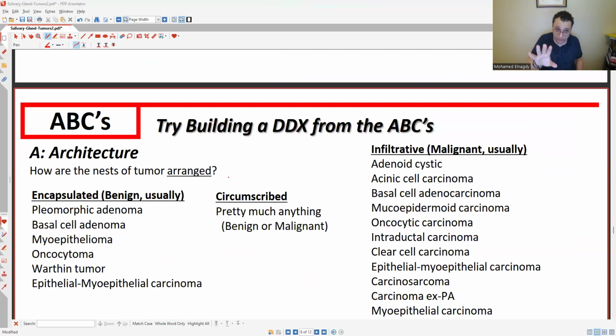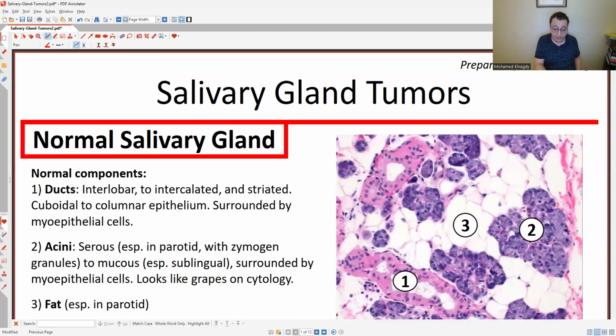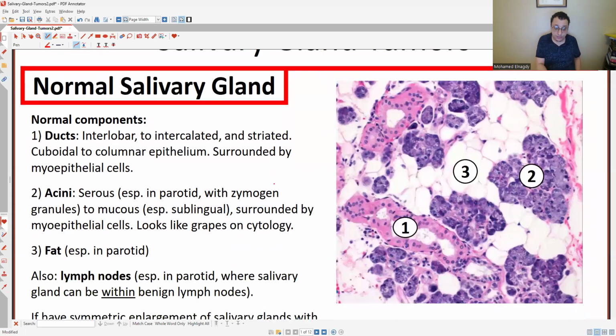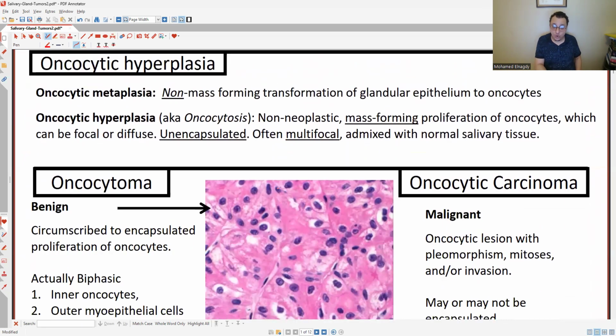So these are the entities that we have for the salivary gland tumors. I will go over the different patterns so that we make another storm review on the salivary gland tumors. Just remember that we had the oncocytic pattern, which has the oncocytes.